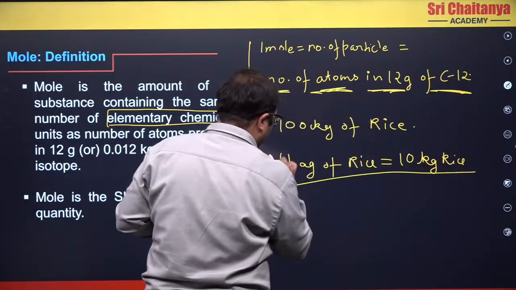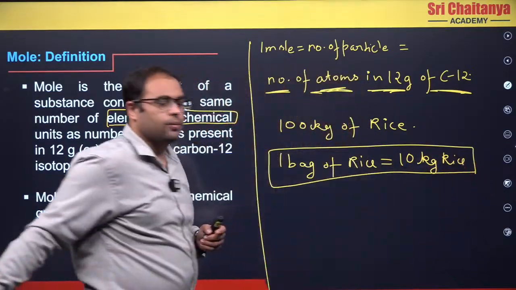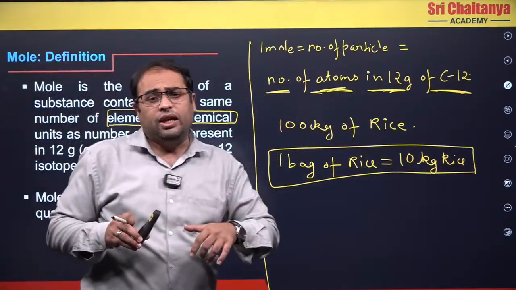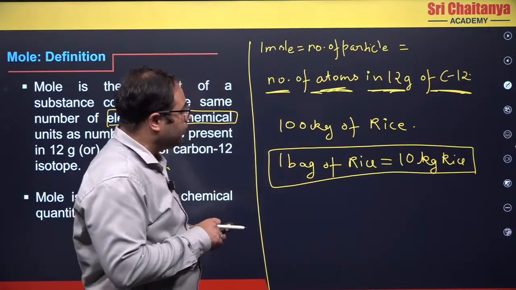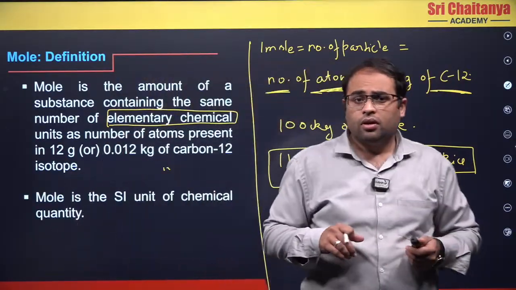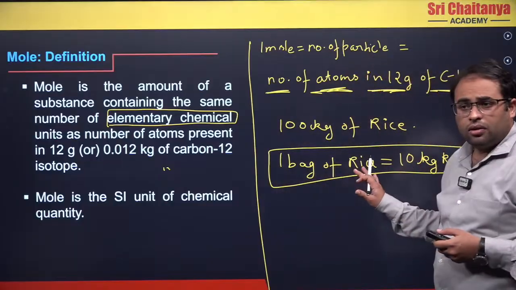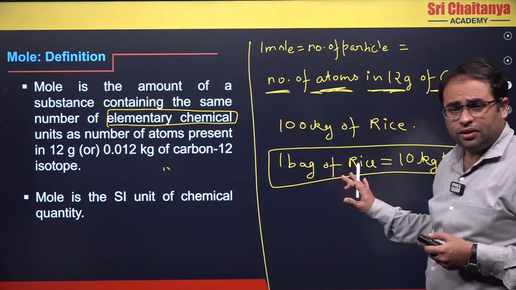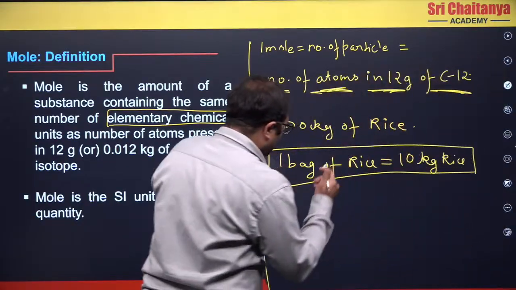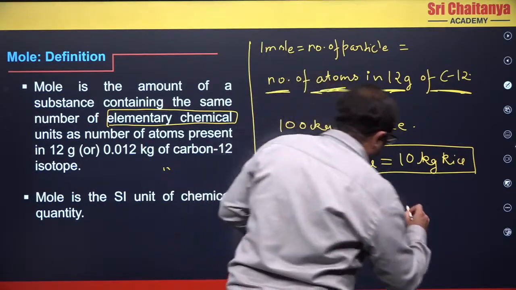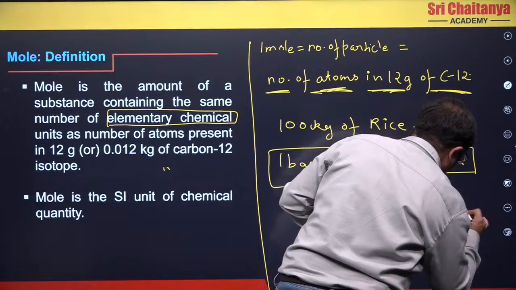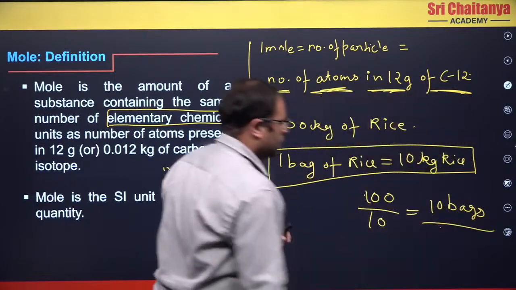So each bag can carry 10 kg of rice. Can you tell me how many bags you can make out of it? Well, simply what we do is we divide this 100 by 10 and we'll get 10 bags, right?